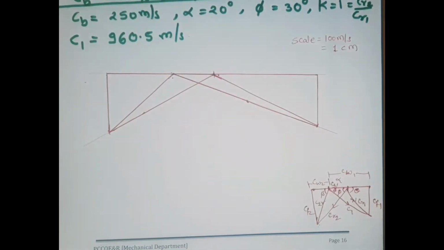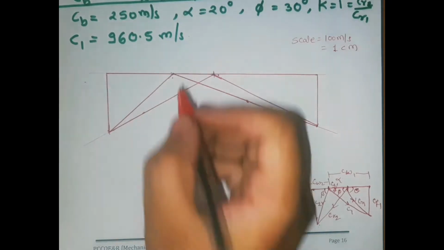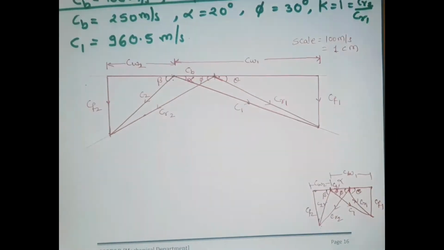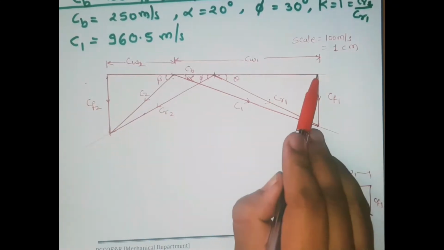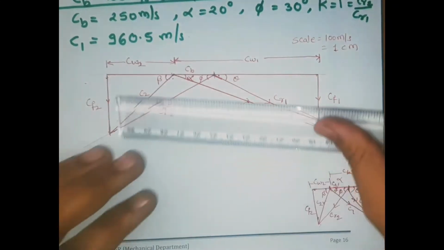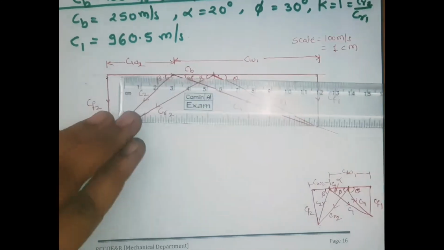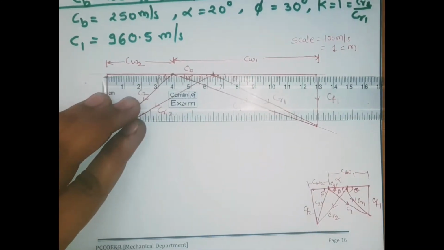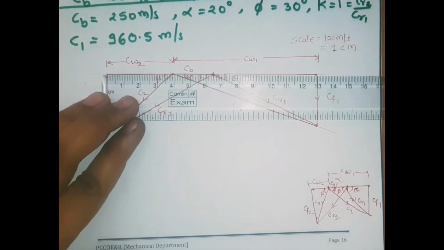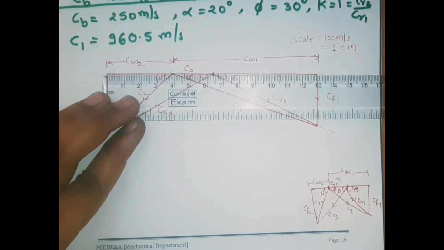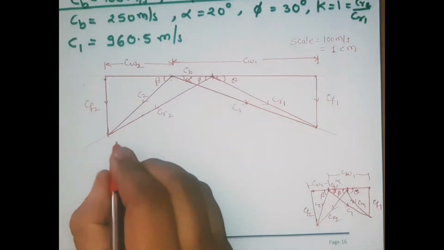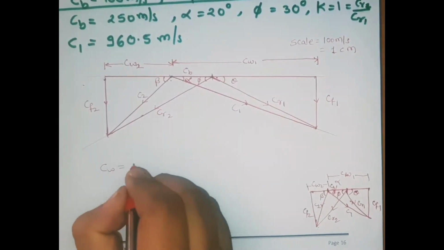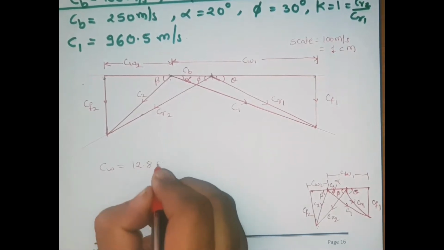This is how we can draw the combined velocity triangle. So let's give the naming. Now we need this total distance for CW, so let's measure it. This is equal to 12.8. So here CW is equal to 12.8 centimeter.